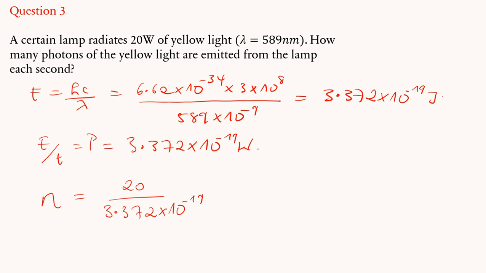If we do the application, we have 5.93 times 10 to the power 19 electrons or photons. So that's the number of photons that are emitted.